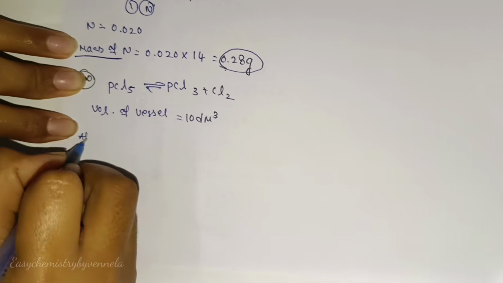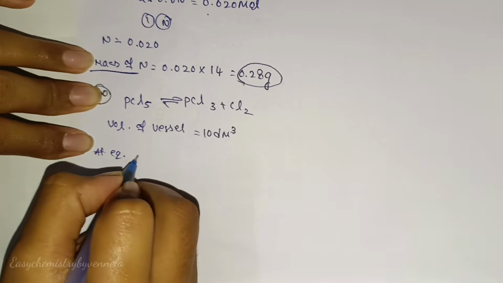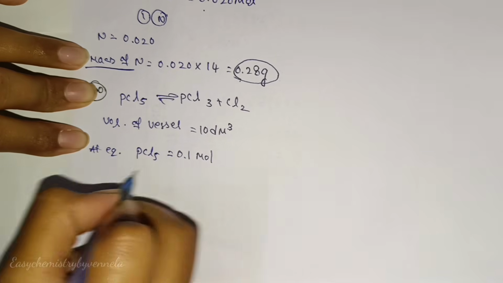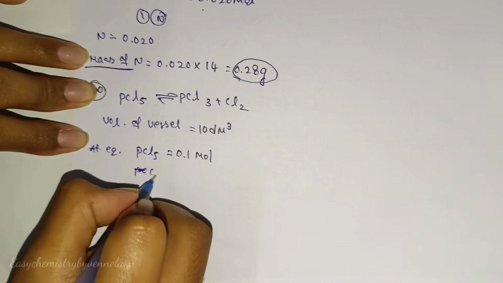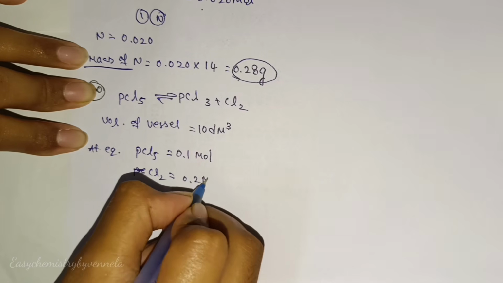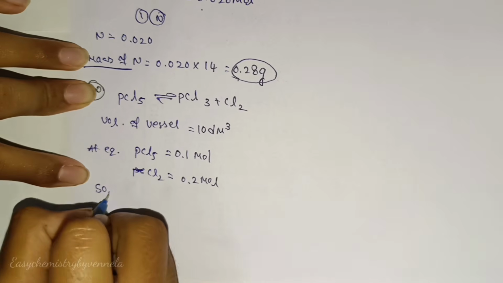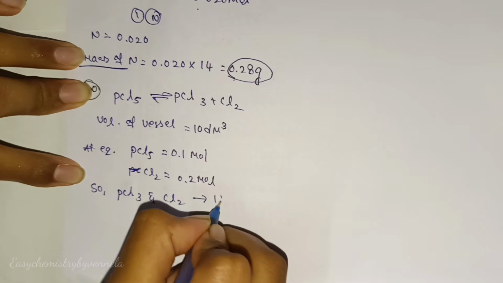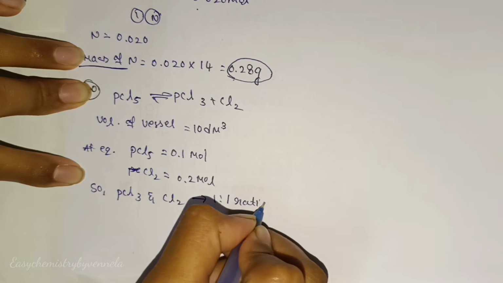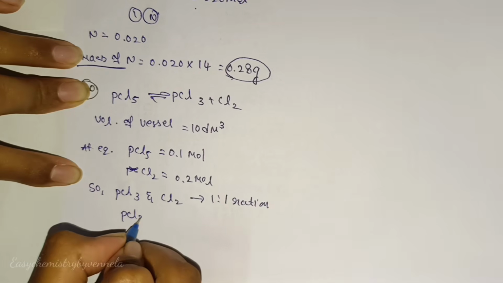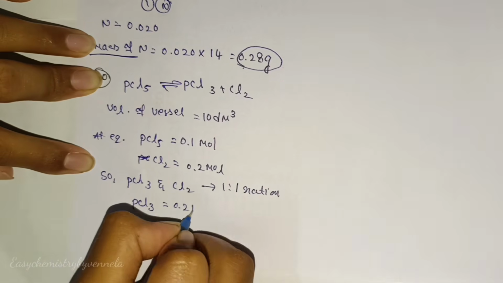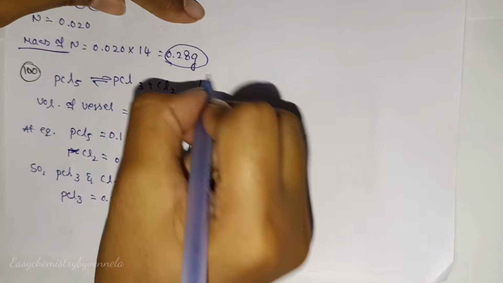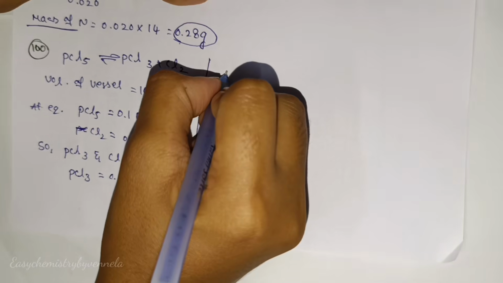At equilibrium, PCl5 how much? 0.1 mole. Next Cl2 how much? 0.2 mole. So PCl3 and Cl2 are in 1:1 ratio. So here PCl3 also 0.2 mole. Next, convert moles into concentration.